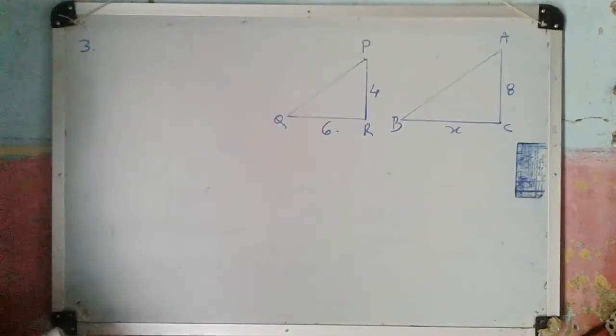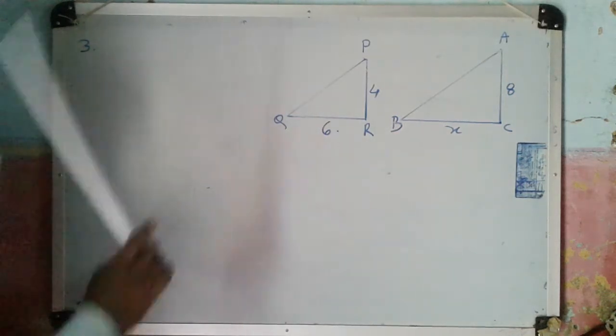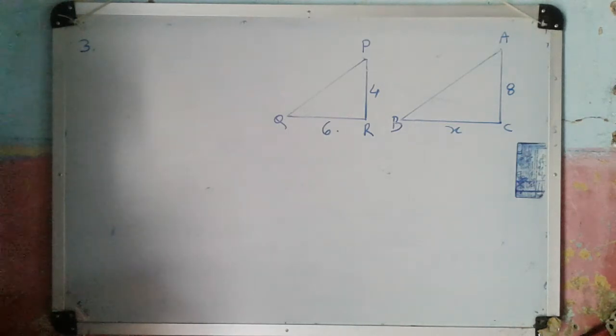Question number 3, practice set 1.3. Now see here, the question is given here. As shown in the figure, two poles of heights 8 meters and 4 meters are perpendicular to the ground.